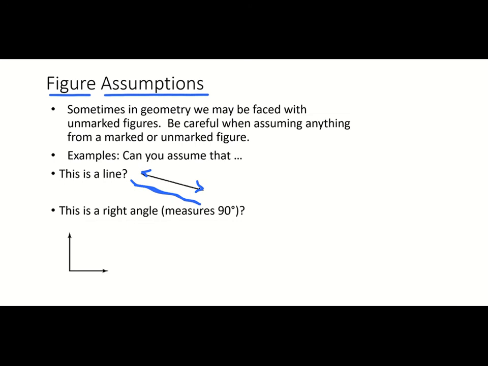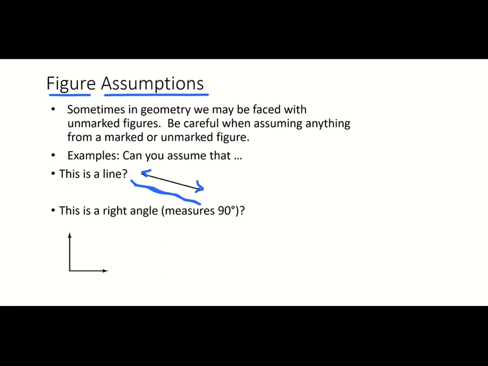For the second one, can we assume that this is a right angle and it measures 90 degrees? If I look at this, it definitely looks like a 90-degree angle to me. What do you think? Yes or no? Okay, if you said no, you are correct, because even though it looks like it's 90 degrees, we're missing one key element to show that it is 90 degrees.